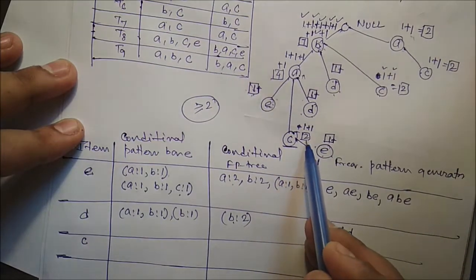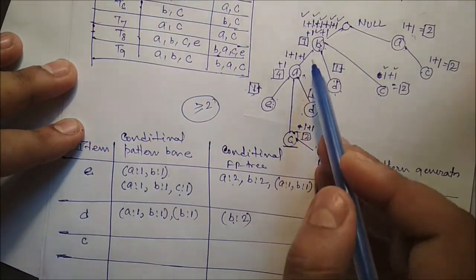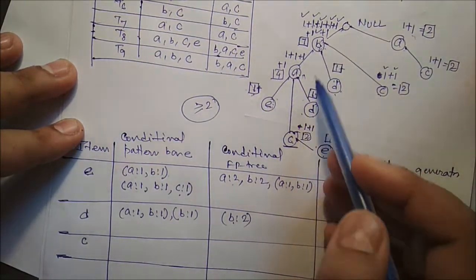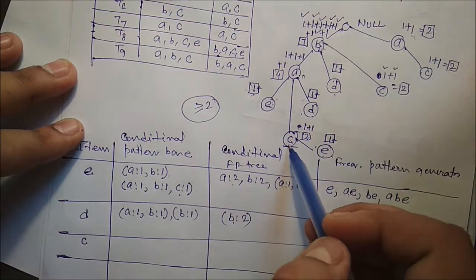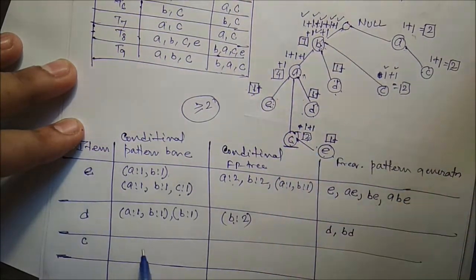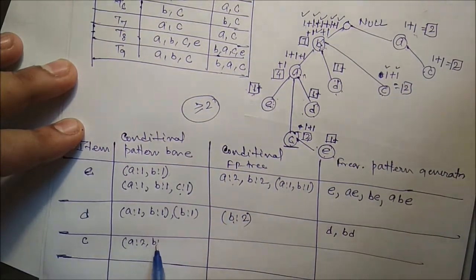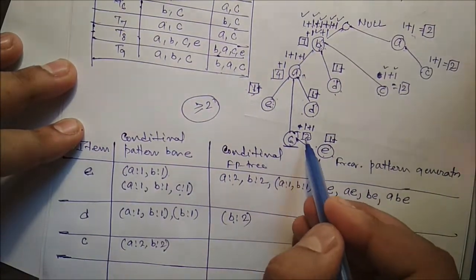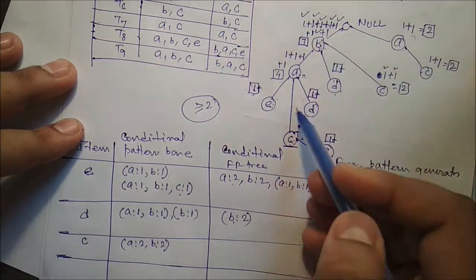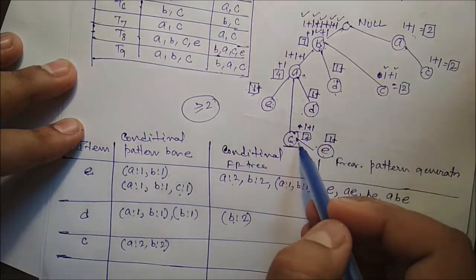How many C are there? 2 C are there. That means it passes this particular path two times, so C is equal to 2. That means we can write A2 and B2. Why 2? Because C is equal to 2, that means 2 times it passes this particular path.